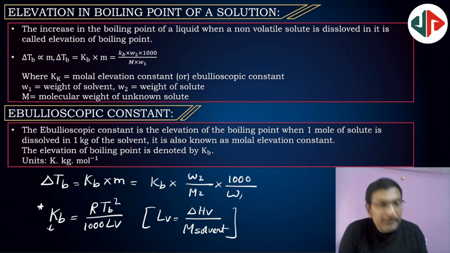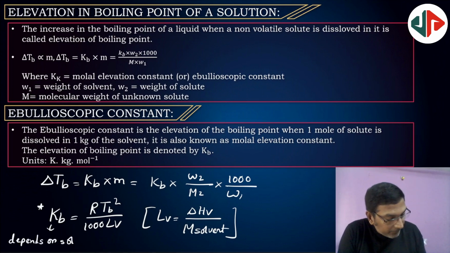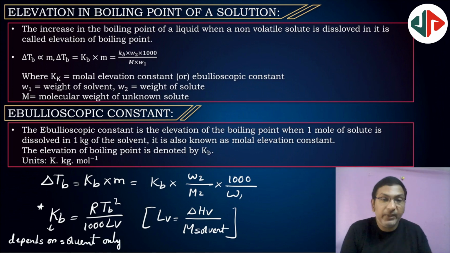Kb also depends on solvent only. It is a characteristic property of solvent. R is gas constant, Tb is boiling point of solvent, Lv latent heat of vaporization of solvent, delta Hv change in enthalpy of vaporization of solvent, M is molecular weight of solvent.